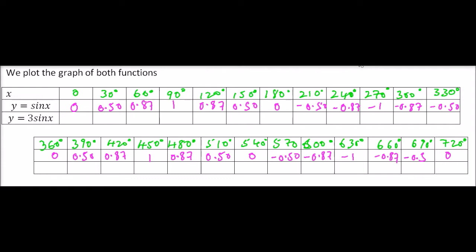Now we go to y equals 3 sine x. This simply means we multiply this by 3. This is 0. 0.50 times 3 is 1.50.